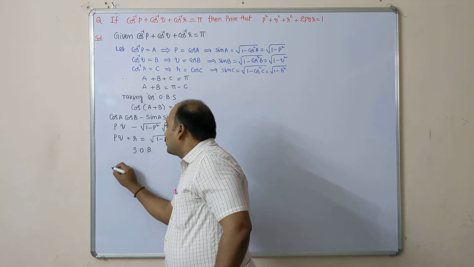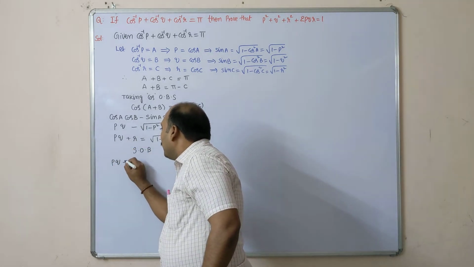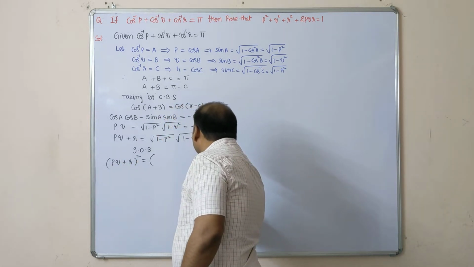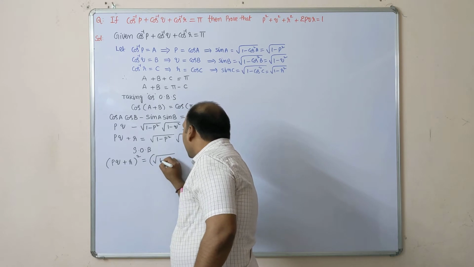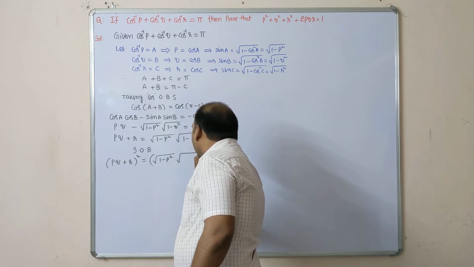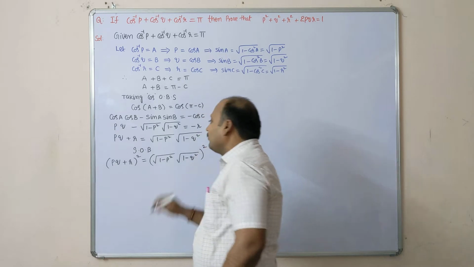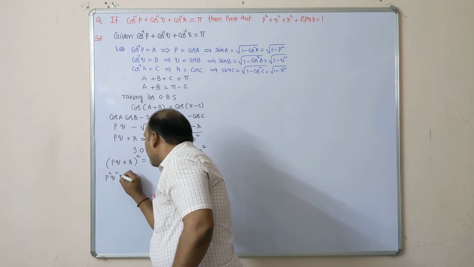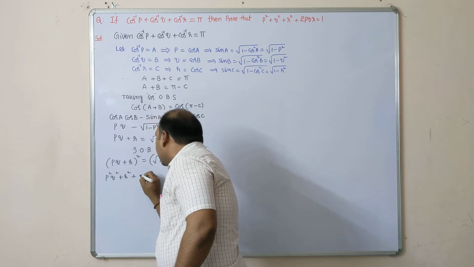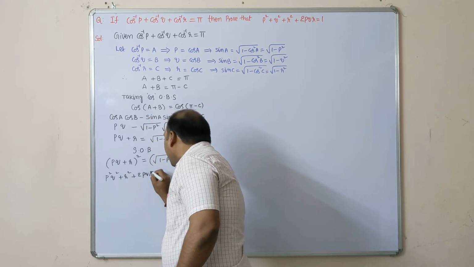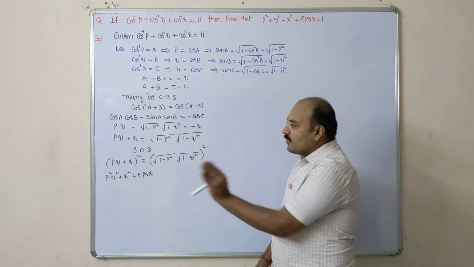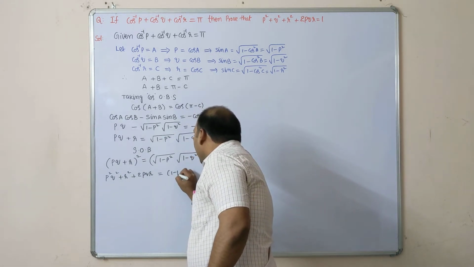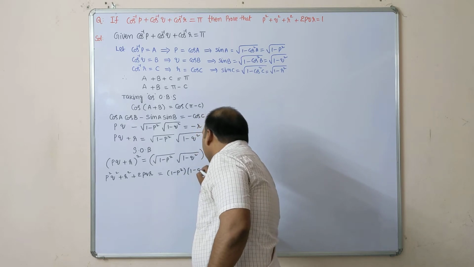So A plus B whole square, dear students: PQ plus R whole square is equal to square root of 1 minus P square into square root of 1 minus Q square, whole square. Using the A plus B whole square formula, P square Q square plus R square plus 2PQR, expansion completed, is equal to 1 minus P square into 1 minus Q square.